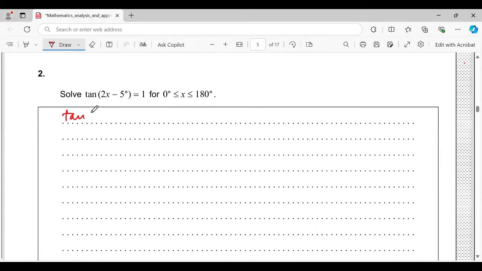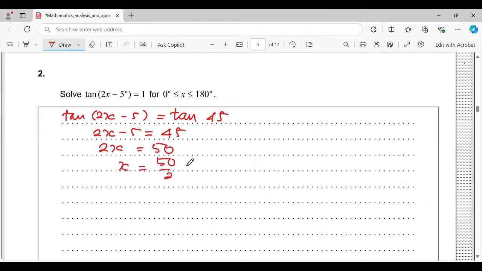So tan(2x minus 5) equals 1 is tan 45. So 2x minus 5 equals 45, 2x equals 50, and x equals 50 over 2 equals 25. So x equals 25. This is in the first quadrant.